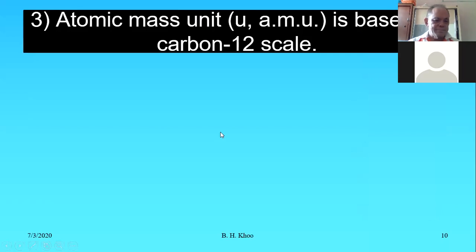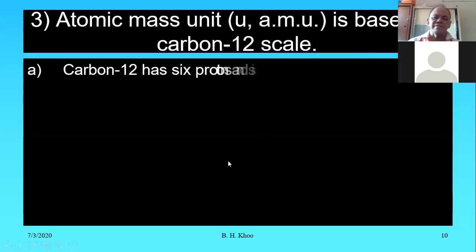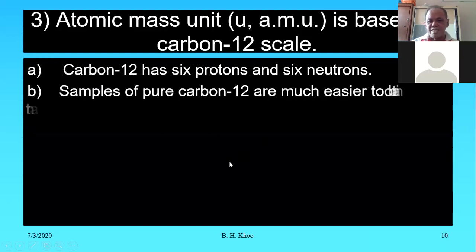Atomic mass unit is based on the carbon-12 scale. Carbon-12 has 6 protons and 6 neutrons. Samples of pure carbon-12 are much easier to obtain than pure hydrogen.